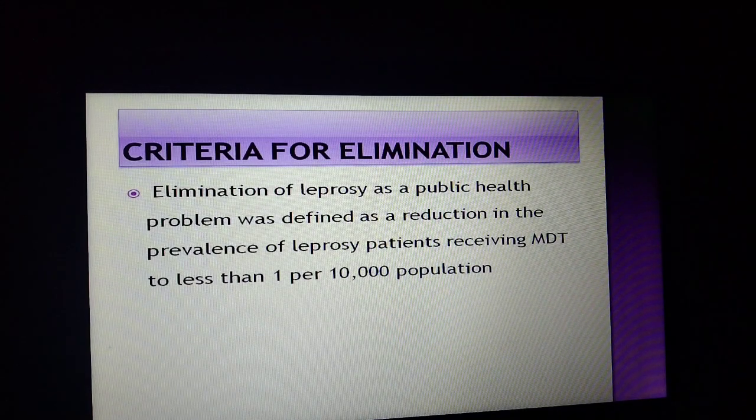What is prevalence? Prevalence is something which is very common. So, a reduction of leprosy patients receiving MDT. What is MDT? It is multiple drug therapy, to less than 1 per 10,000 of population.